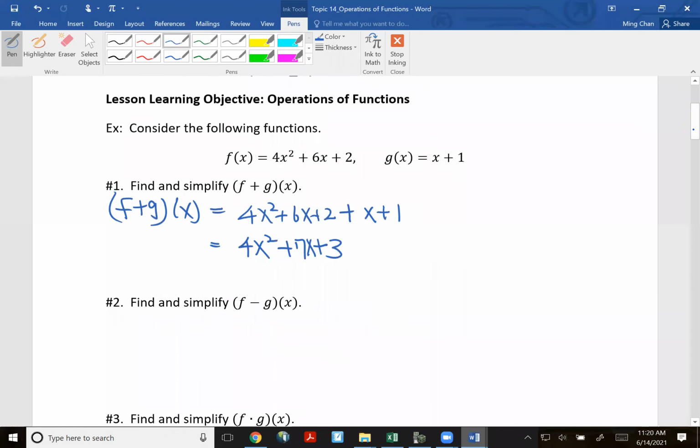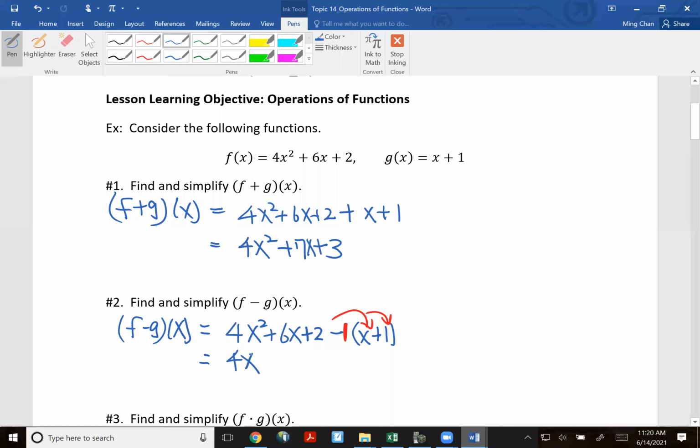Now, if I want to take the same two functions and subtract, then I will need the parenthesis on function g. So f minus g of x: function f minus function g, two terms representing one function. I need to put them in parentheses so that when I'm ready to combine them, I need to distribute my negative 1.